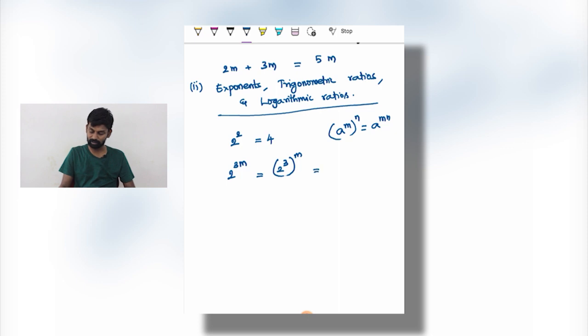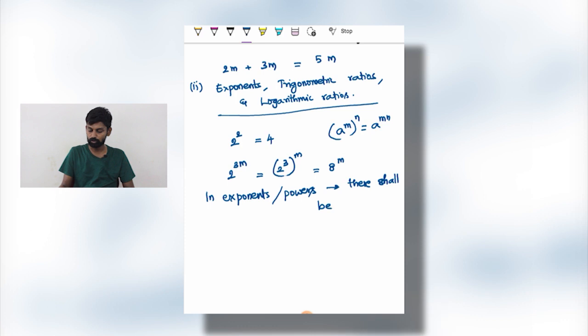So this is nothing but 8 power m. How can we find 8 power meter? It is not possible because meter is only a standard of measurement, it is not a numerical value. So it is very clear that in exponents or powers, there shall be no units. This is another important application.